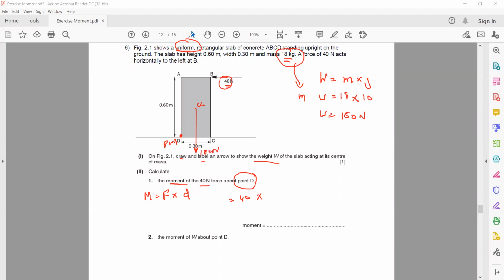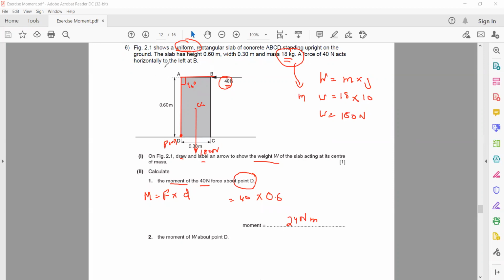Here is the perpendicular, 90-degree distance from the pivot. So force is 40 and the perpendicular distance is 0.6. So it will be 40 multiplied by 0.6, which equals 24 Newton meter.